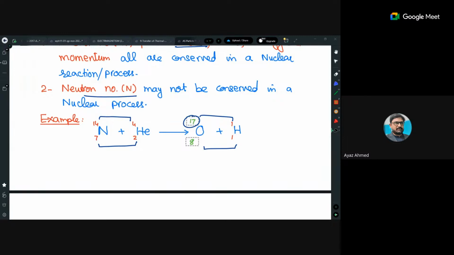So we can say that neutron numbers are not the same, but all the rest of the parameters remain unchanged. That is, they are conserved. Simply I will say that they will be conserved. Is it clear to you? Conservation means, do you understand conservation? Yes.